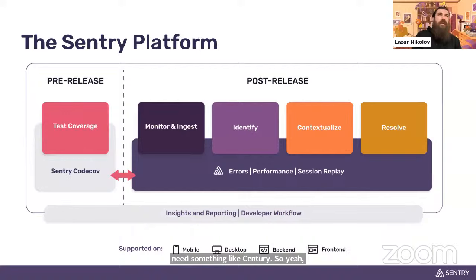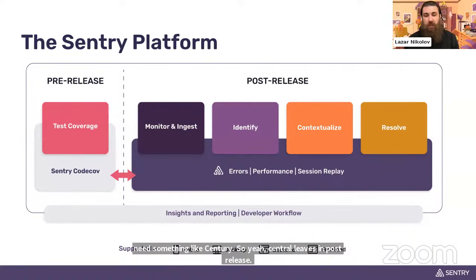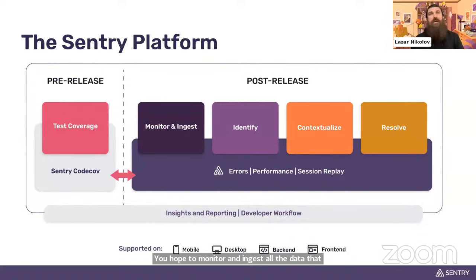It helps you monitor and ingest all the data that happens within your application, that performance and errors data. It helps you identify errors and performance issues, contextualize them, and resolve them quickly. As I mentioned, we also have CodeCov in our tool belt, and CodeCov helps you build test coverage, and it also integrates with the rest of the products at Sentry.